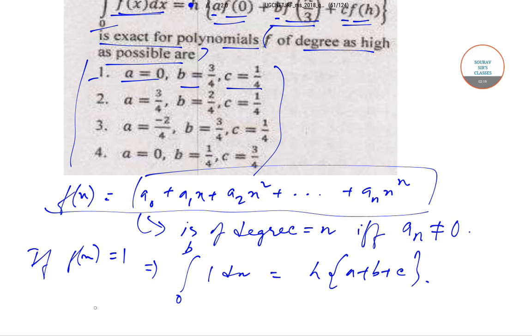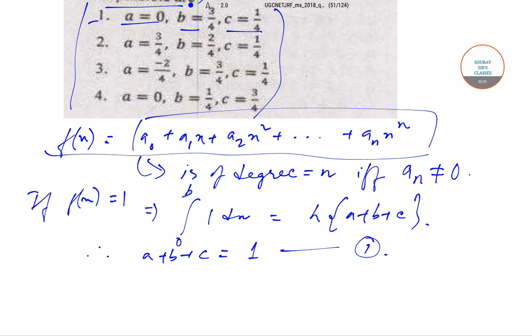This is what we get. So therefore we'll get that a plus b plus c is equal to 1. This is the first equation. I've committed a mistake. This will not be b, this will be 0 to h.